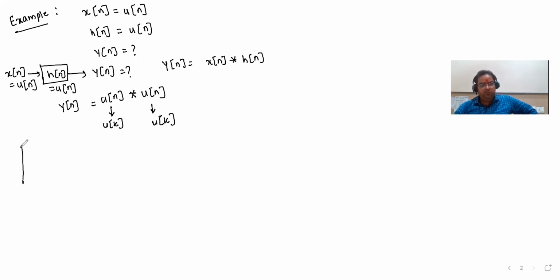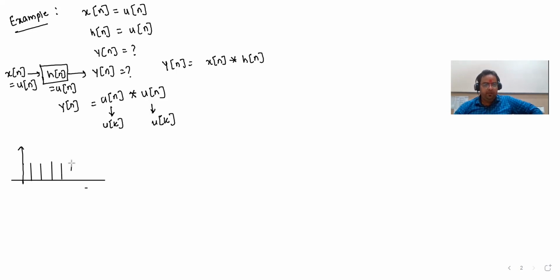Now, the two signals that we are having. How does a unit step signal look? We know it looks something like this.